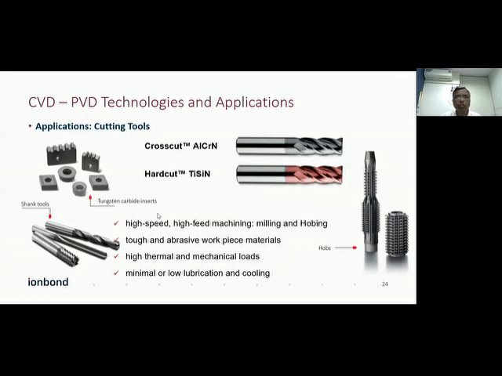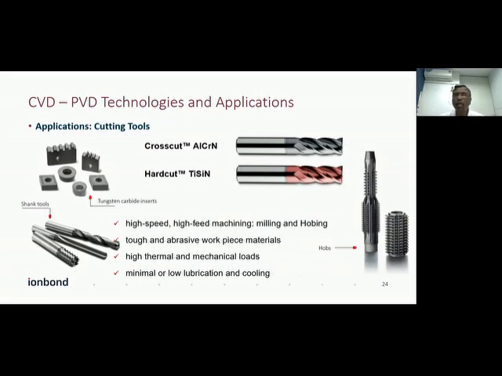Here what we are looking for is high speed, high feed machining during milling as well as hobbing. Then we need to handle tough and abrasive workpiece material, high thermal and mechanical loads, and the machining should be with lubricant or without lubricant, because nowadays a lot of machining has started without lubrication, that is dry machining.